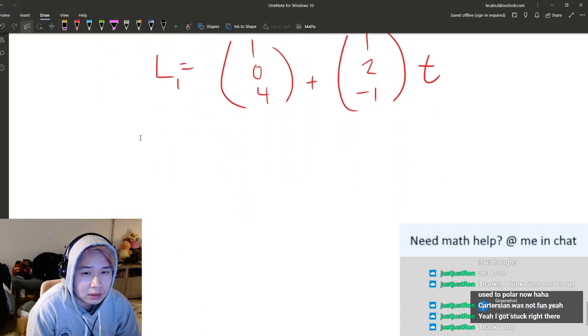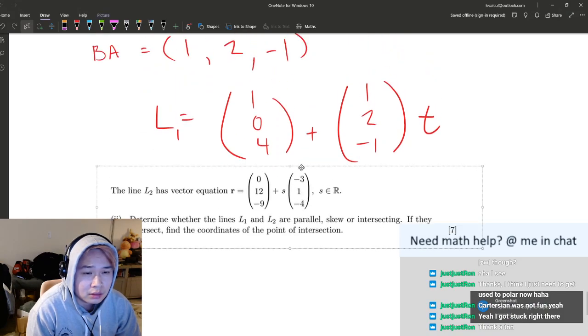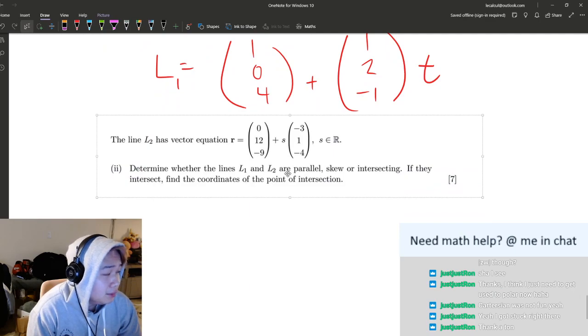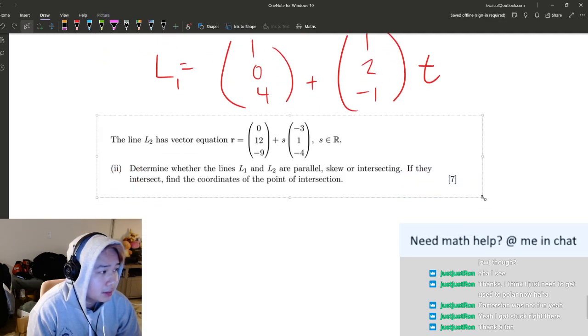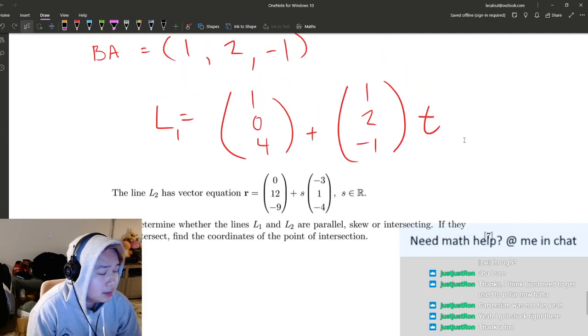Copy. And then let's see, determine whether these are parallel, skew, or intersecting. And then if they are intersecting, where do they intersect? So essentially, we need to equate these and then see if there's a solution to the system.